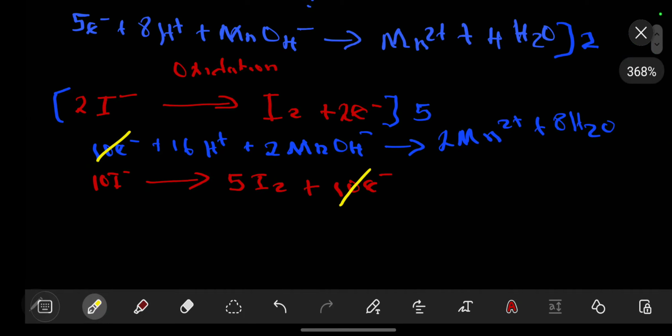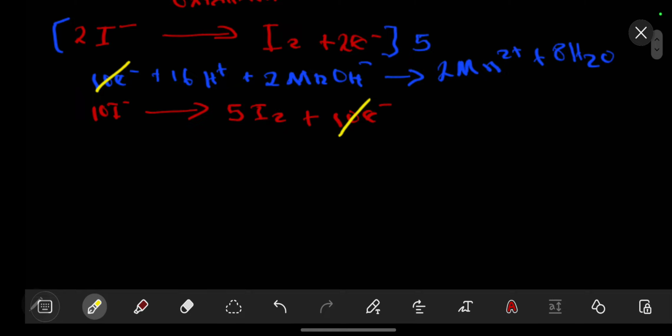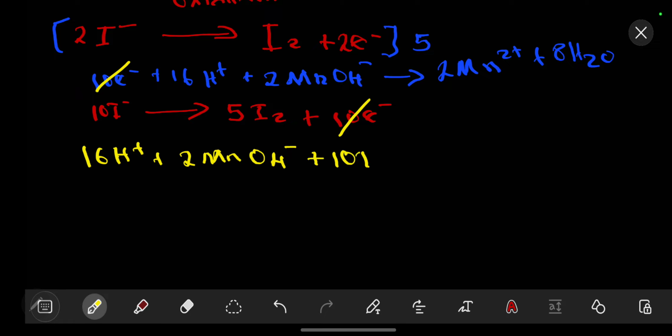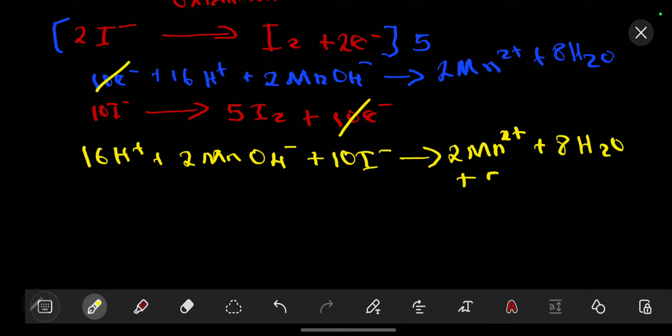So doing that, we are going to have 16. The final equation will be 16 hydrogen plus, plus 2 MnO4 negative, plus 10 iodide ions, should be equal to 2 Mn2 positive, then plus 8 H2O, and finally plus 5 I2.